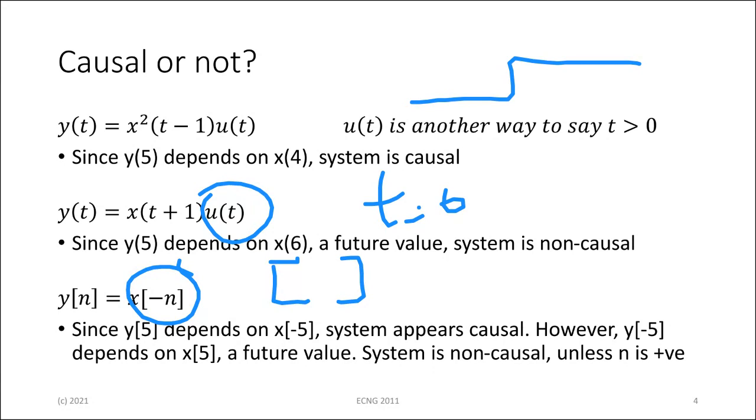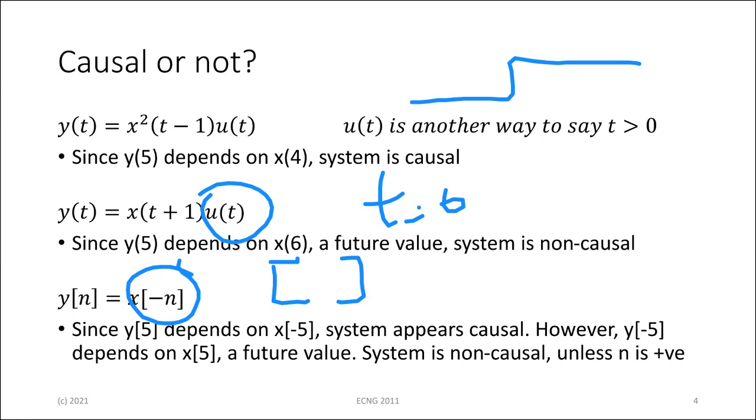But if you're not told anything more, the index n can assume negative values as well. So if n was −5, then y at a time gone past is depending on x(5), which is a future value. So unless you specifically say that n has to be a positive number, the system on top there is not causal.